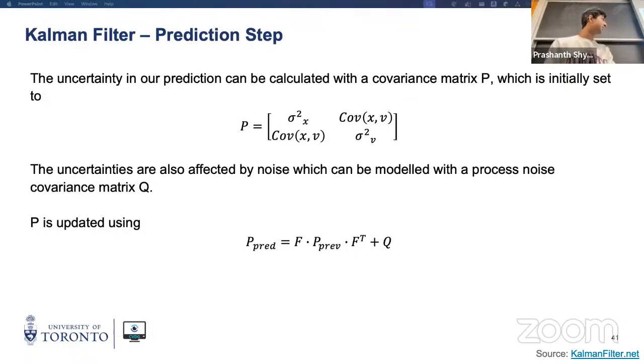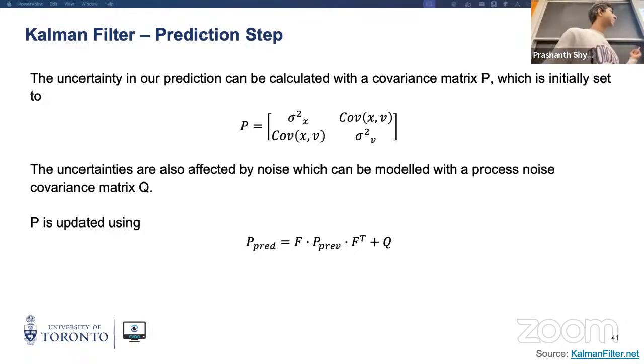So we introduce this matrix P, which is called the covariance matrix, and it's just the covariance between the two values that we want to predict, the velocity and the distance. Based on how high we set these values, that's how uncertain we are of our predictions.